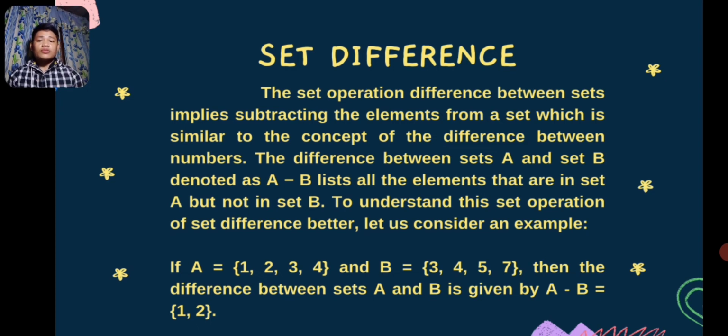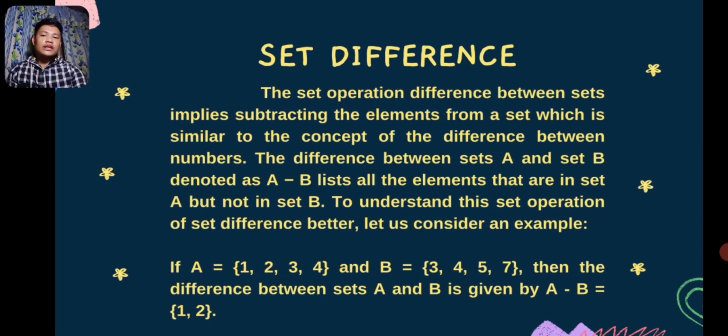Here, if A is equal to 1, 2, 3, 4 and B is equal to 3, 4, 5, and 7, then the difference between sets A and B, A difference B, is 1 and 2. How did we say so?